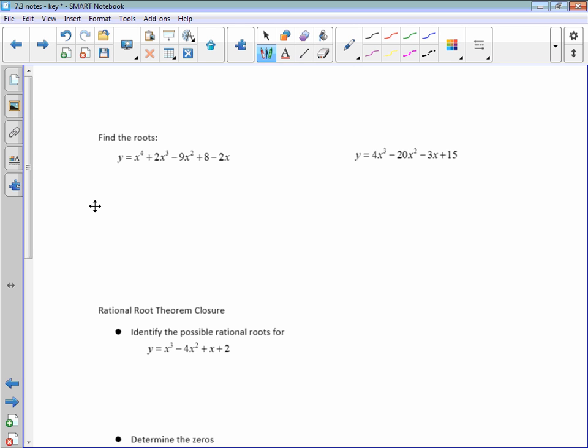All right. Let's do the first one here. I want you guys to try it. So, what do you notice first about the way it's written? Yeah, it's out of order. So the first thing I do is rewrite it in the right order. Then make your P over Q list.